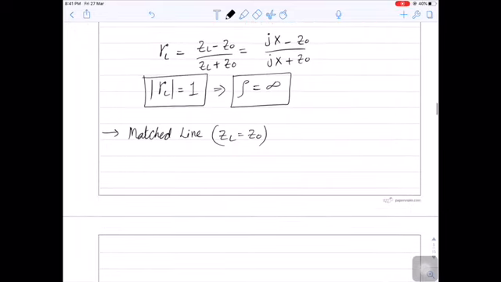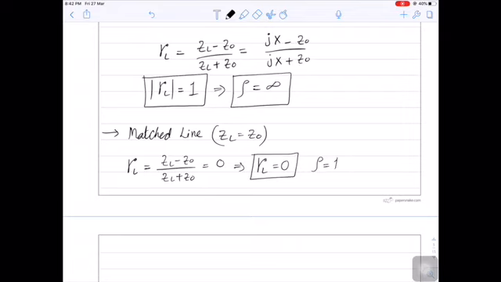In such a case, the reflection coefficient gamma L is equal to (ZL minus ZO) by (ZL plus ZO). Since ZL value and ZO value are the same, its value will become 0. That implies the reflection coefficient at load terminal is equal to 0. And the corresponding voltage standing wave ratio is given by rho equal to 1.